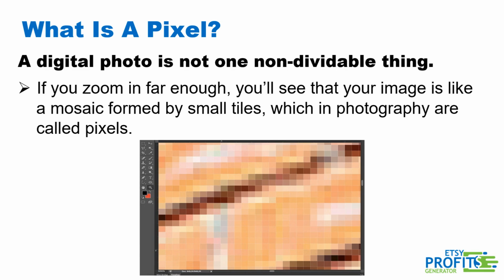It's all based on dots per inch. Right there, as I zoomed in on this picture, we can't tell what the image is, but you can see how it is all made up of pixels. It's an image like a mosaic formed by small tiles. This is where the whole thing of pixels comes from. So now you know that if you've heard the term pixelated, this is why.